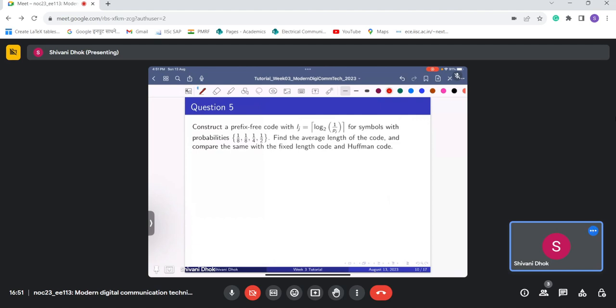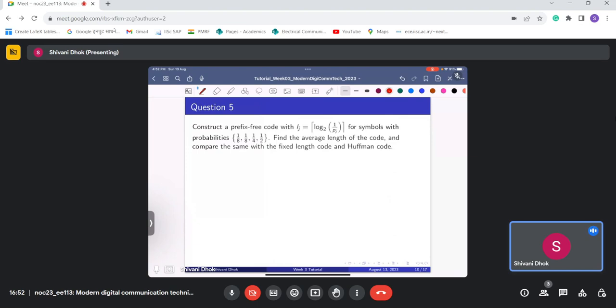So first we need to construct a prefix-free code. For that, we'll first find the lengths and then construct a binary tree to find a prefix-free code for each of these symbols, and the code words will be located at the leaf nodes. After that, we'll find the average length of the code and compare it with the fixed length coding.